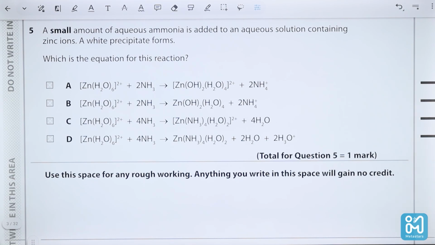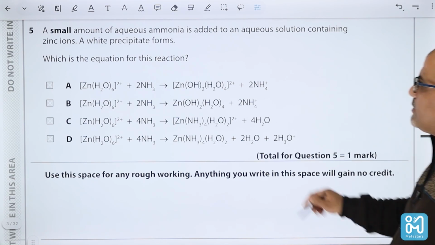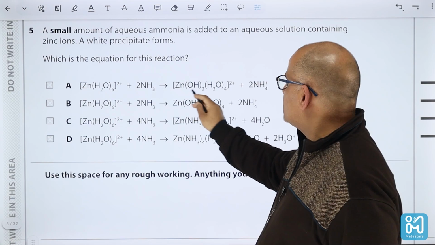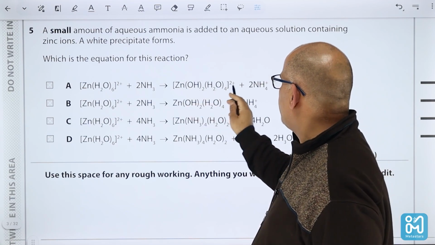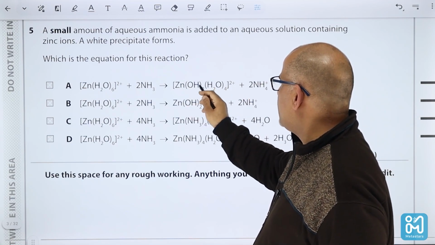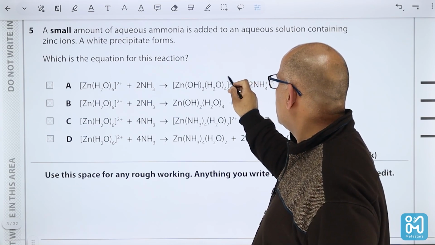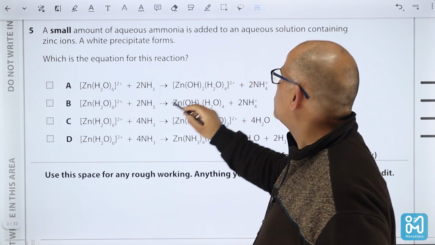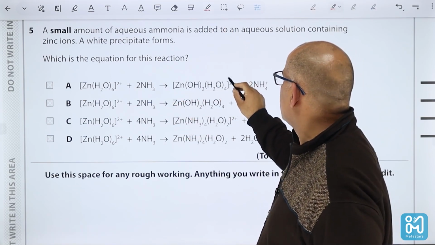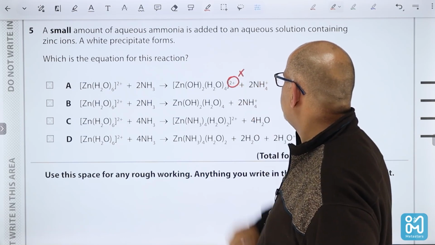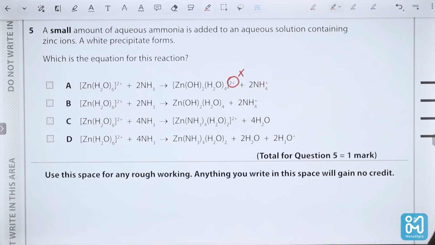in the first one, you will see that the zinc here will form a positive 1 ion. So this is wrong because the total charge must not be positive 2. So this is wrong because you have hydroxide. So the first choice is wrong.